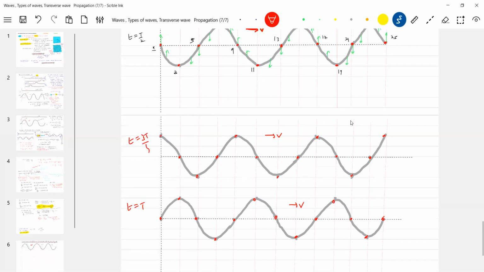T equal to t, the original thing. Okay, these are the points 1, 3, 5, 7, 9, 11, 13, 15, 17, 19, 21.